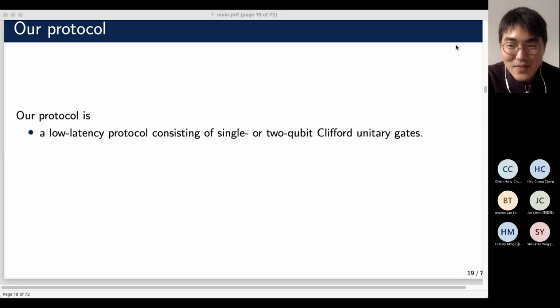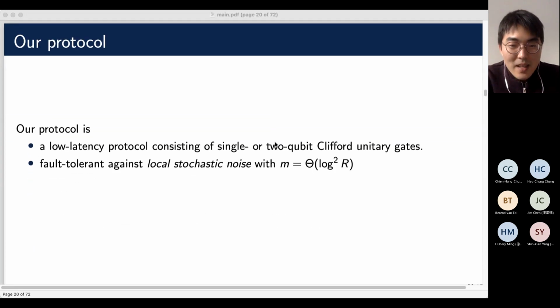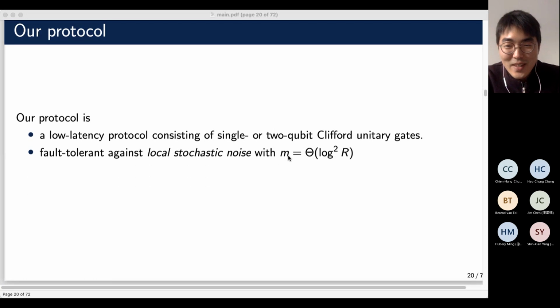So here is kind of a summary of our protocol. Our protocol is a low latency protocol, and it consists of single or 2-qubit Clifford unitary gates. And as I said, we only need M of order log square of R number of qubits asymptotically.